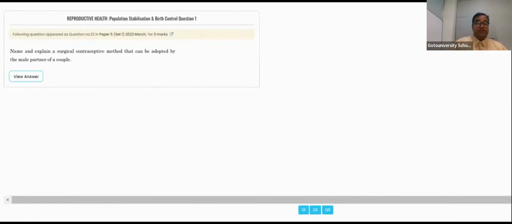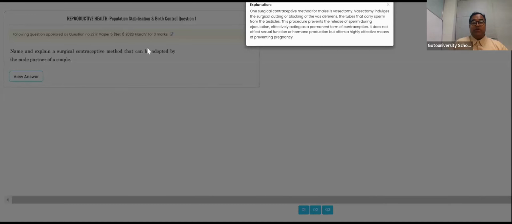Obviously we'll be saying vasectomy. I already told you there is vas deferens dissection. If you are doing laparoscopic vasectomy, it is very easy to operate and also very less painful. So within a day, the concerned male can go for work, right?